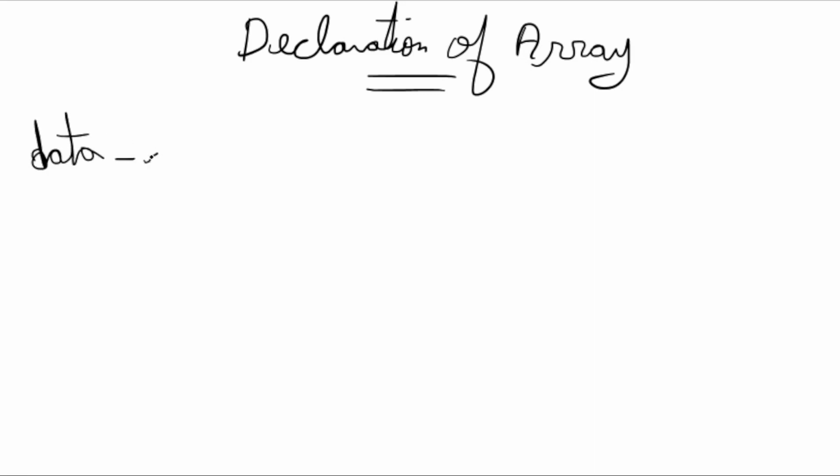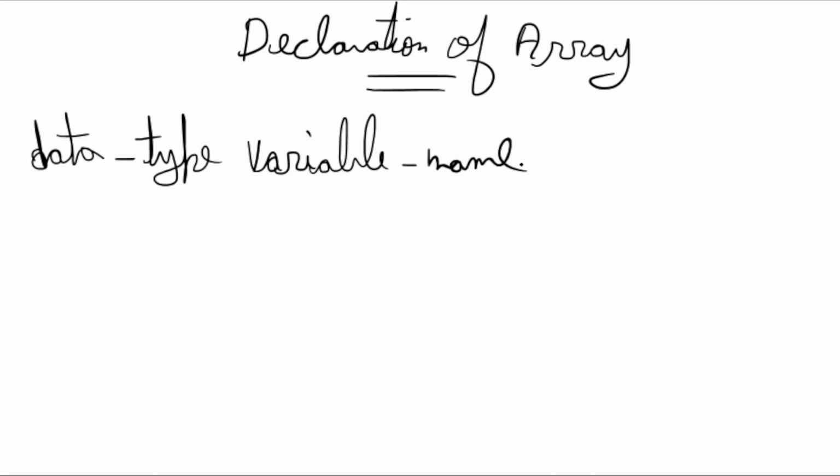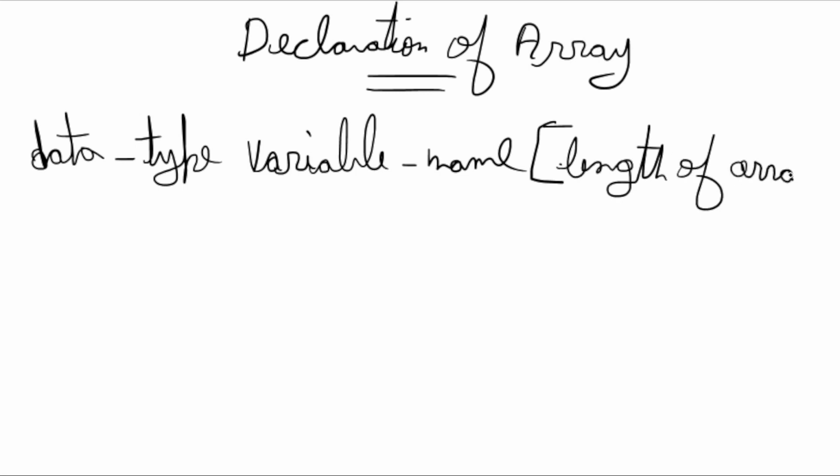Second is the variable name, which you would give, and in brackets you will give the size or length of the array. Basically, this is the syntax for the declaration of an array.